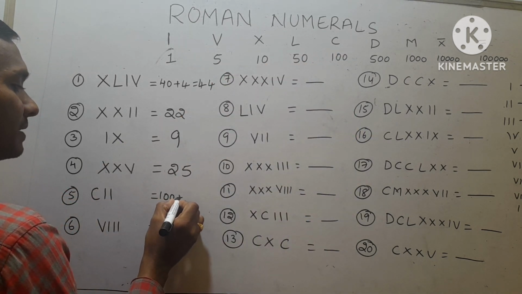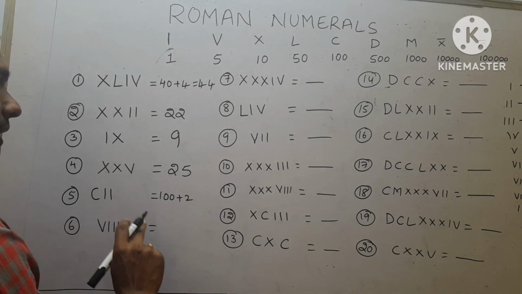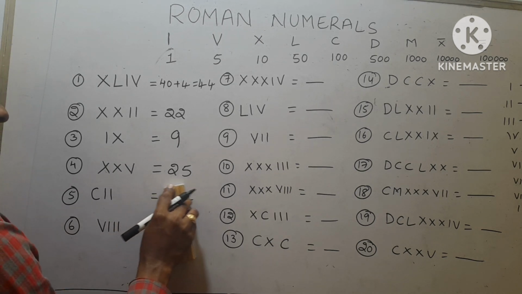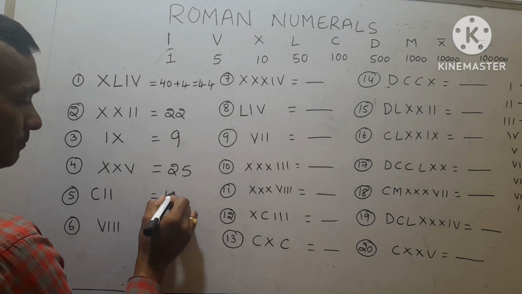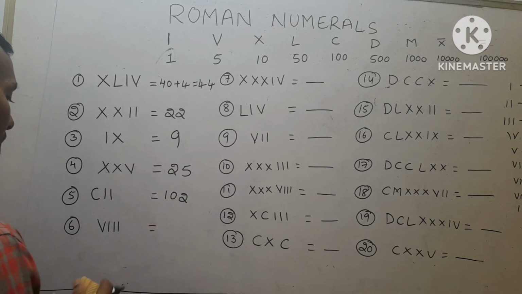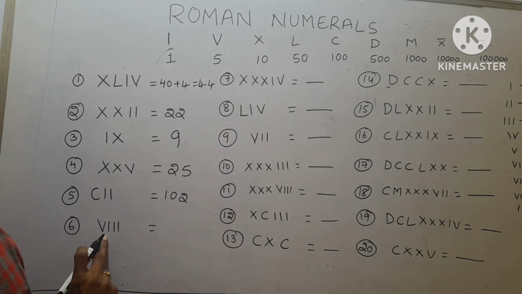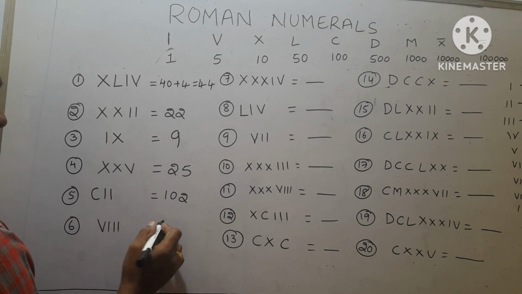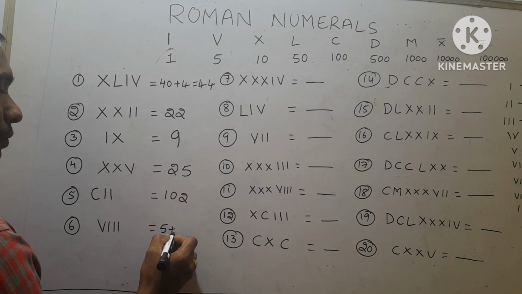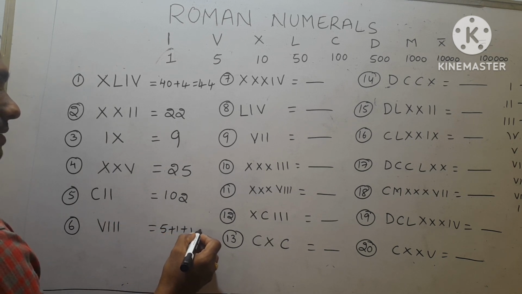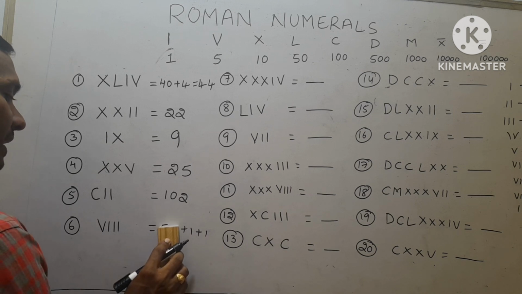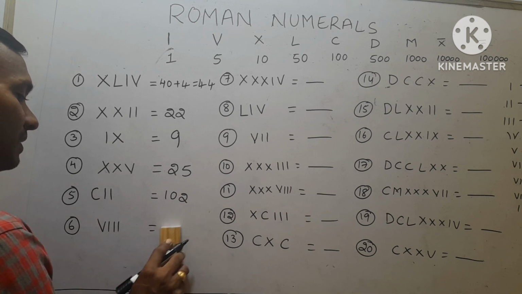I plus I, that is nothing but 2. 100 plus 2, 102. V stands for 5. I plus I plus I. 5 plus 1 plus 1 plus 1. That is nothing but 8. 5 plus 3 is nothing but 8.